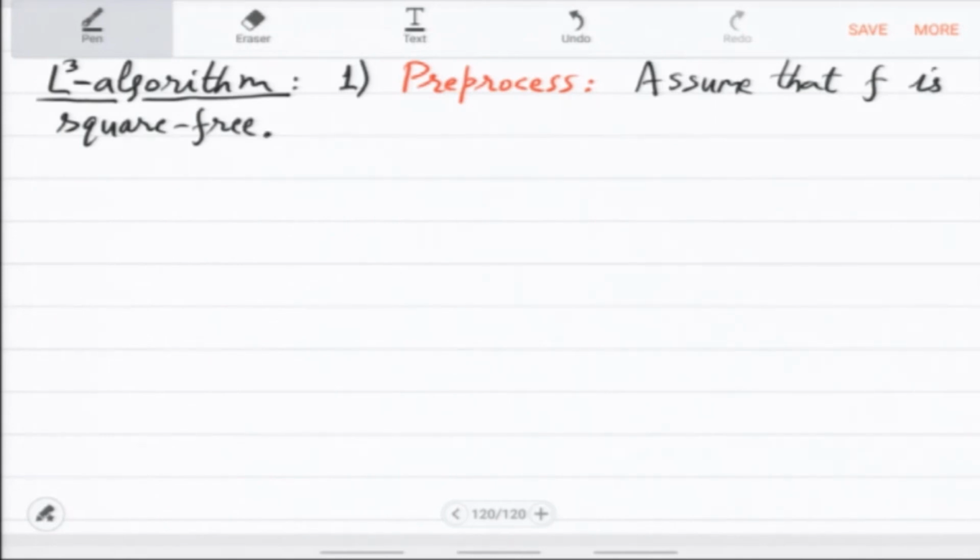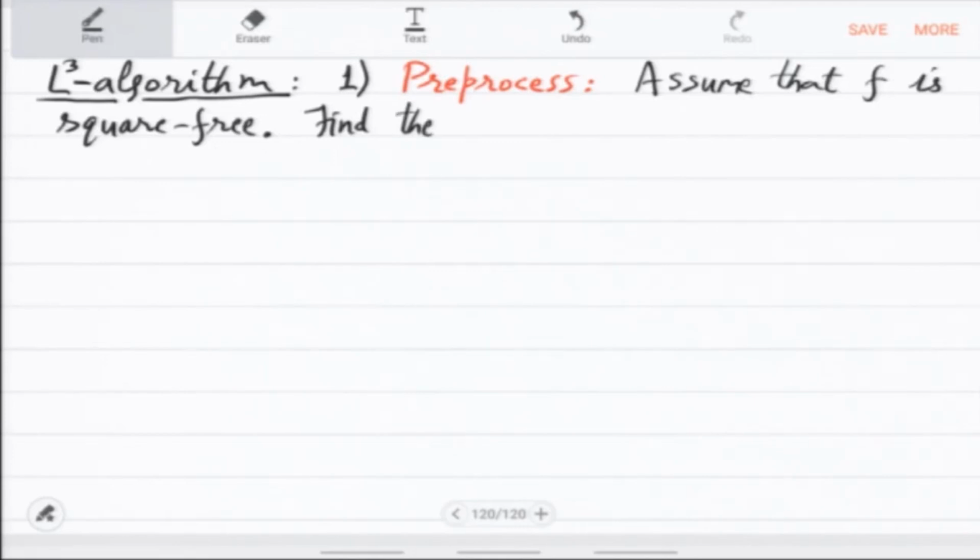Which is easy to ensure because you can just take the GCD of f with f prime, and if f was not square free, you will already factor f. So you can assume f to be square free, but even if it is square free, mod p it may not be square free. So when is it square free mod p?